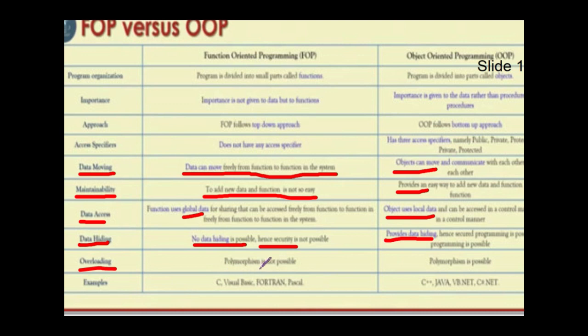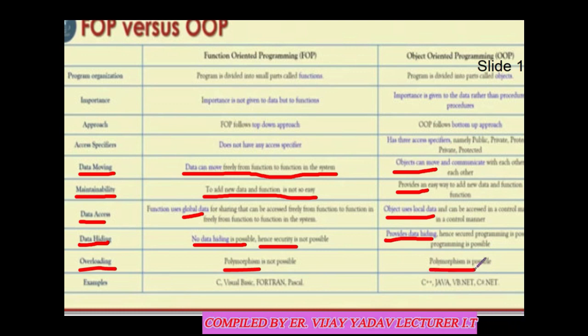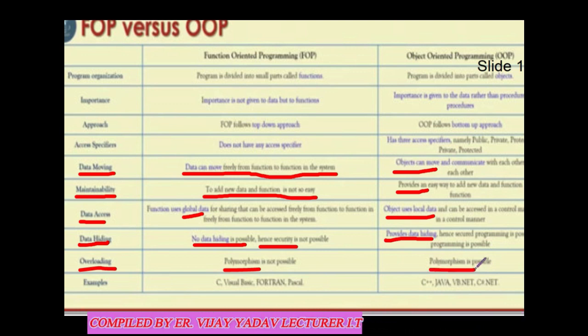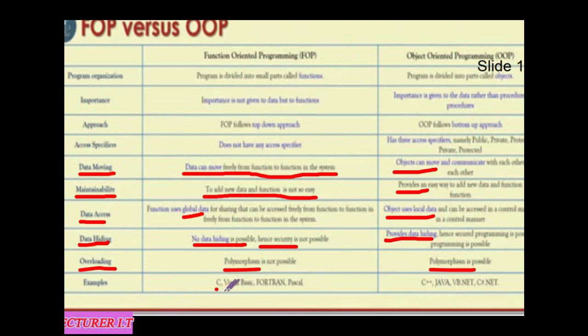Operator overloading or polymorphism is not possible in function-oriented programming, but polymorphism is possible in object-oriented programming. Examples of function-oriented programming are C, Visual Basic, Fortran, and Pascal. Examples of object-oriented programming are C++, Java, VB.NET, C Sharp, .NET, etc.